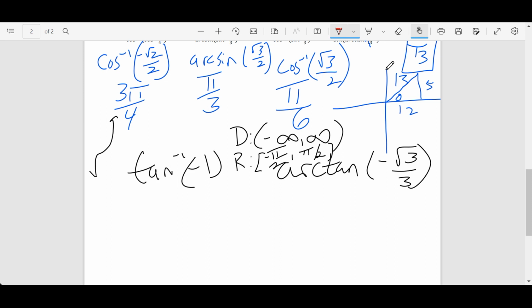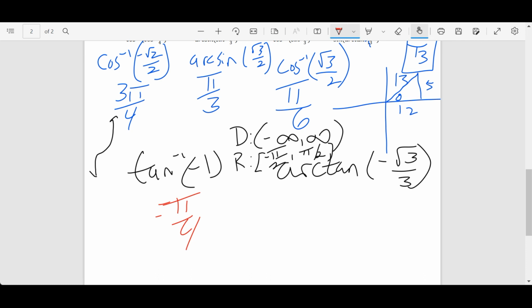So that means that your y and x value is going to be the same, just opposite of each other. Well, that's at negative pi over 4. Okay? If you look at negative pi over 4, you get what? Root 2 over 2, comma, negative root 2 over 2. If you divide those up, that's going to get you -1. Right? So at negative pi over 4 is where your answer is going to be.